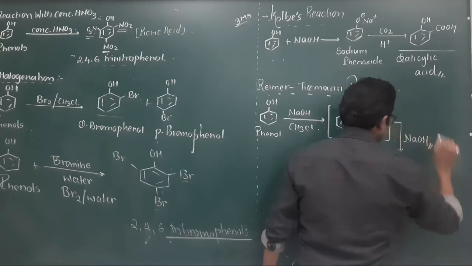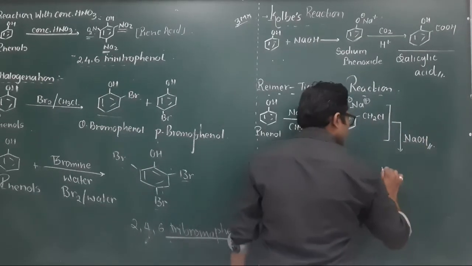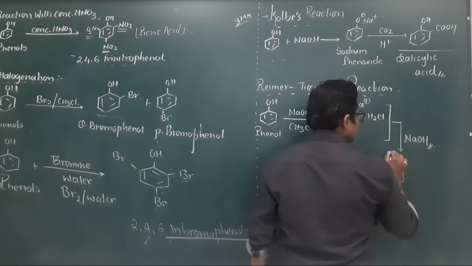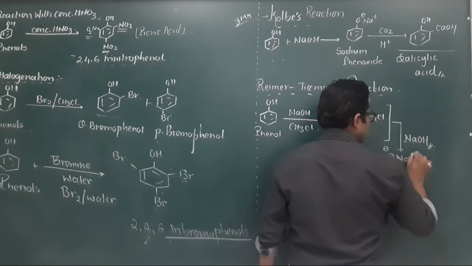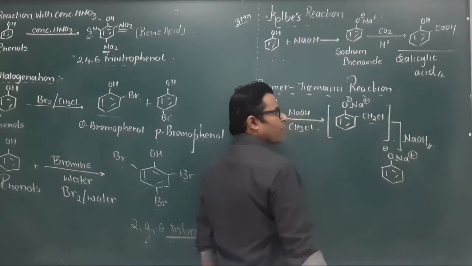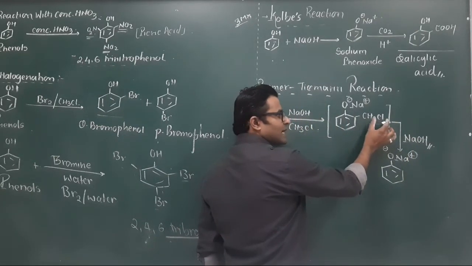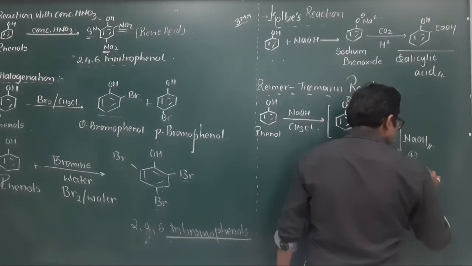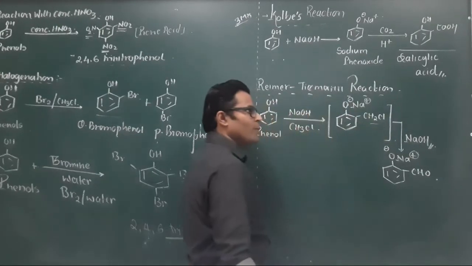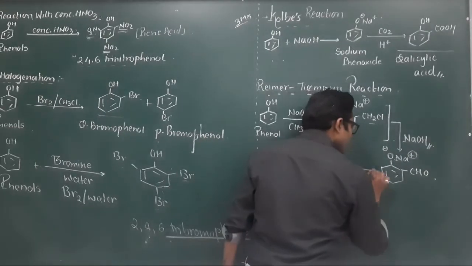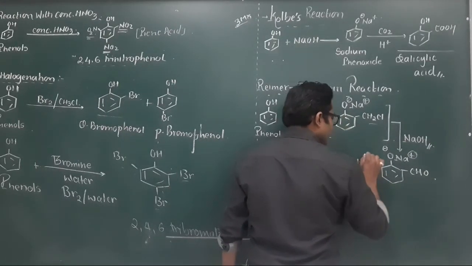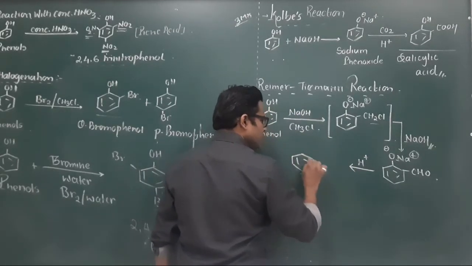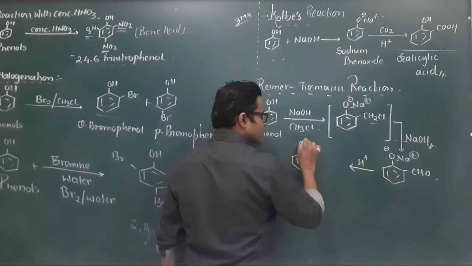Now this thing upon reaction with NaOH will yield the compound O minus Na plus. This particular point, that is CH2Cl, gets oxidized. It will get converted into CHO. Alright. Now this one, further on acidification, we will end up having the final compound, that is OH.